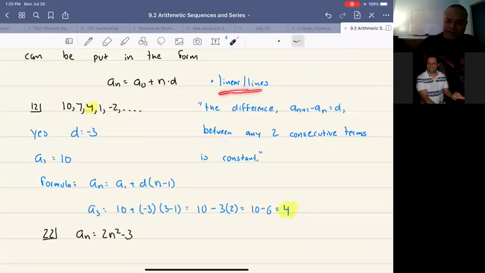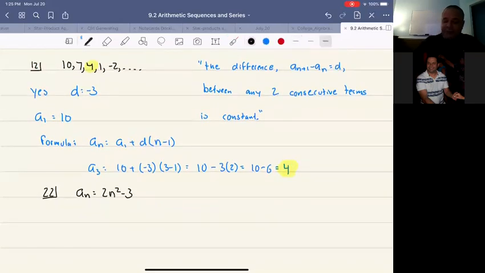Arithmetic sequences are basically linear, and you can see that this one's not going to be. But let's start writing down a few. A sub 1 is -1. A sub 2, if I plug 2 in for n, I get 2 times 4 is 8, minus 3 is 5.